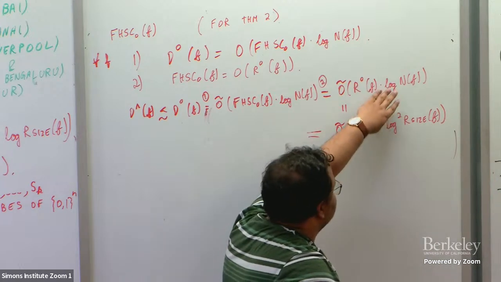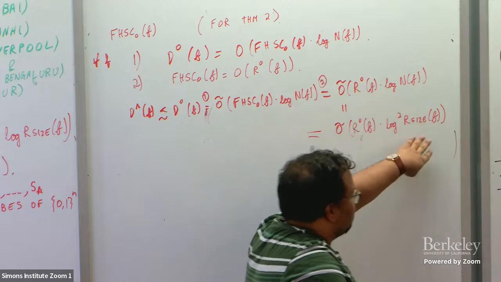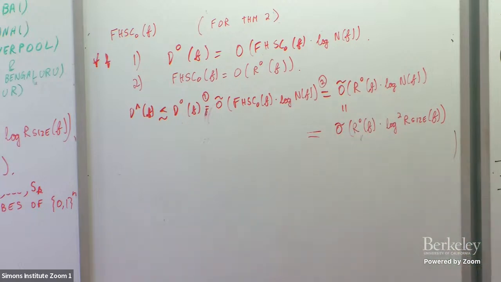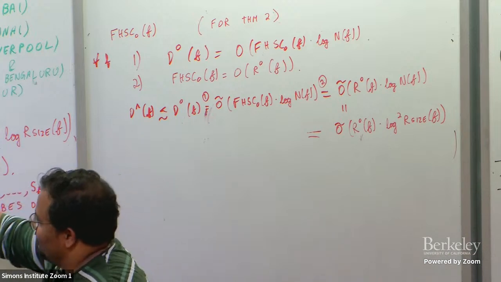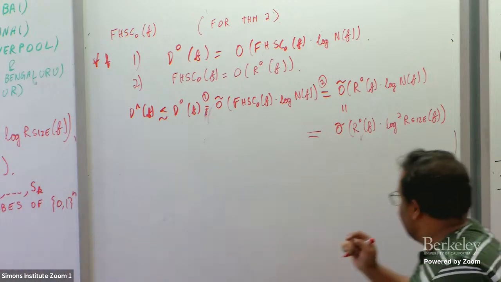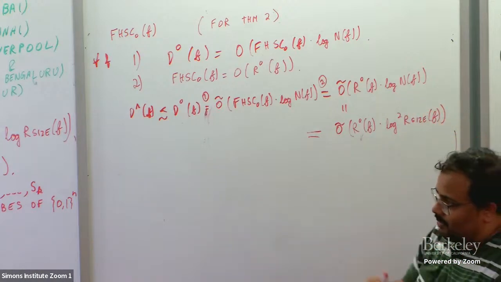To show this, we need the fact that log cover number is at most log squared randomized size of F. And that follows from our statements here. Just plug in this plus this, which exactly gives this inequality here. Log N of F is at most log squared R size of F, up to log factors.